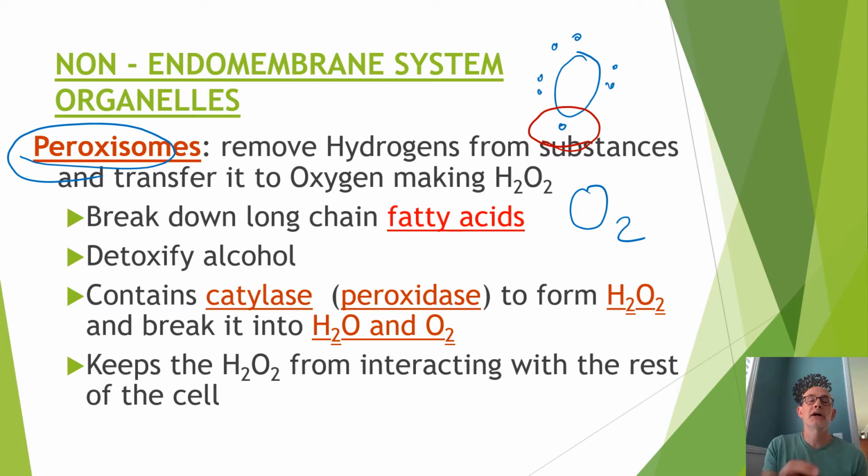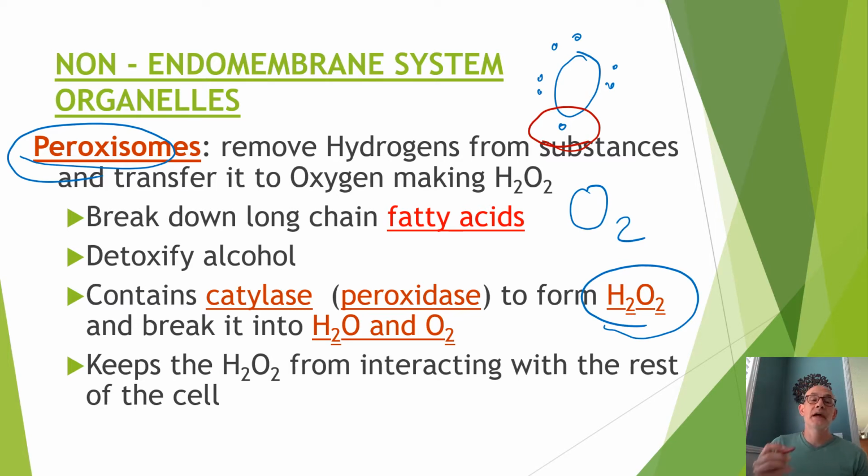So it is the job of the peroxisomes to take that, combine it with water, and make hydrogen peroxide. Hydrogen peroxide is less dangerous than monoatomic oxygen. However, hydrogen peroxide is also very unstable and very dangerous.